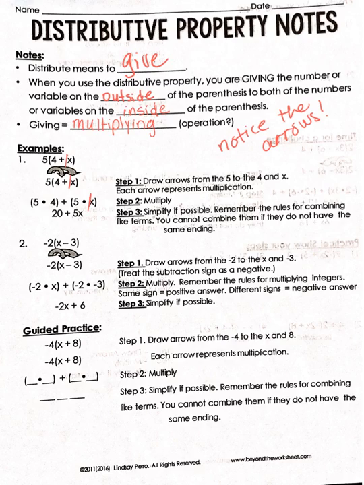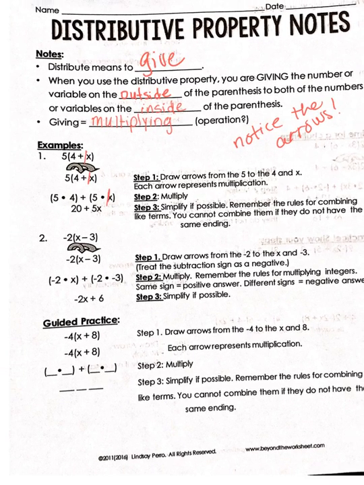Okay, so step 1, we're going to draw our arrows. Number 2, draw our arrows from the -2 to the x and to the -3. Something I want you to remember is that this negative sign is with the 3, just like the positive was with the x, which is why we had a positive here. So -2 times x is -2x, and -2 times -3.